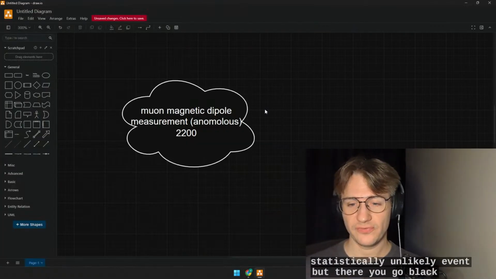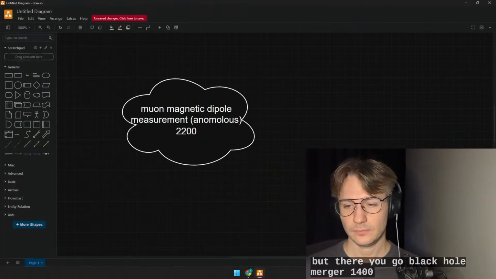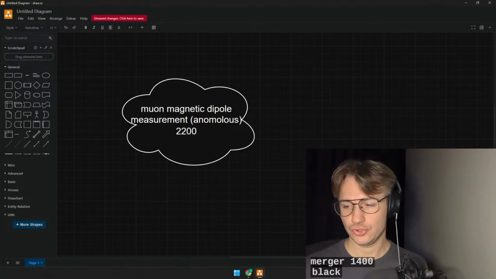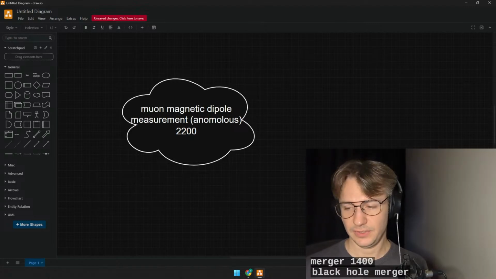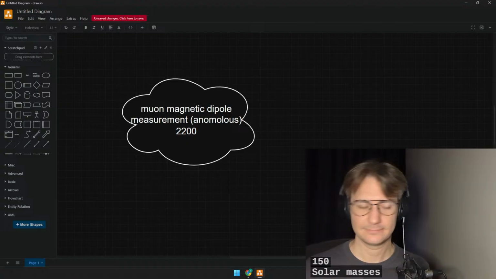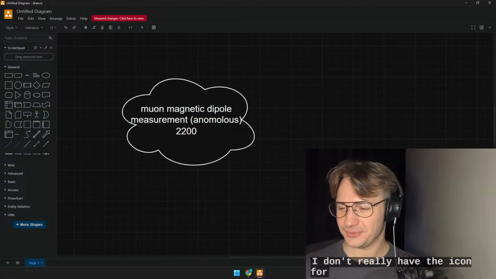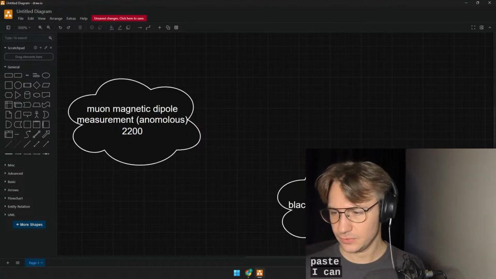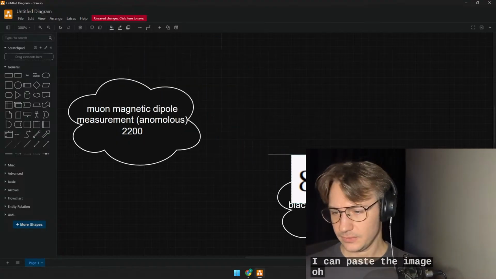Black hole merger, 1,400. Black hole merger, 150 solar masses. I don't really have the icon for solar mass here, but can I paste? I can paste the image. Oh yeah, there we go, this guy.